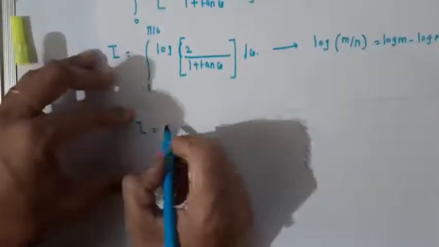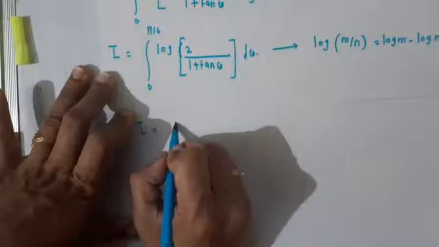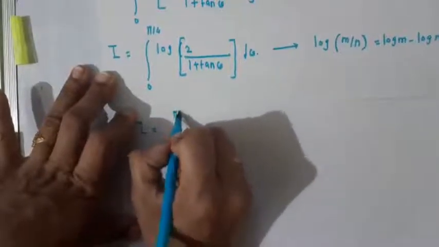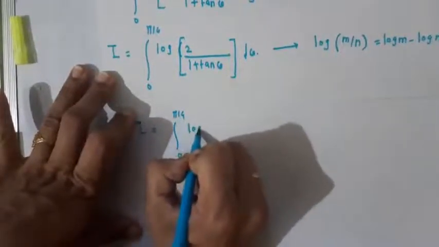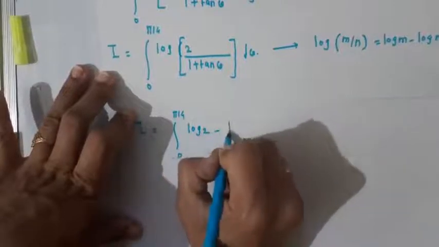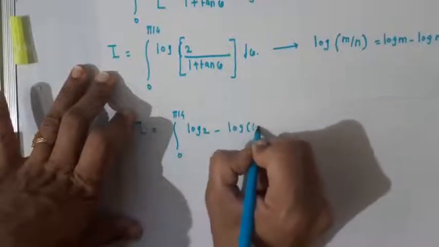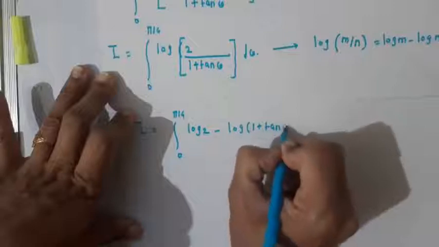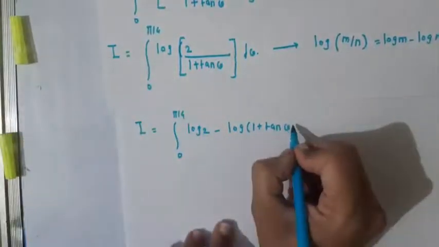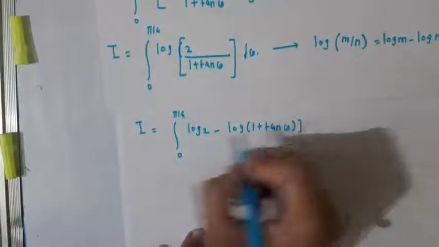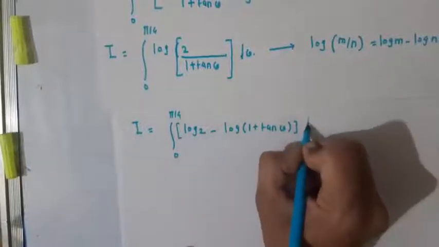Now integration I equal to 0 to pi by 4 log of 2 minus log of 1 plus tan theta, with respect to theta.